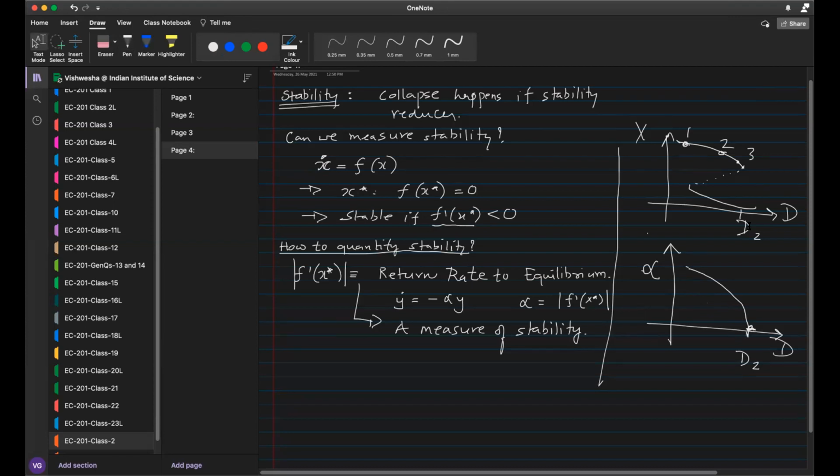The pattern also holds for this model with Holling type 2 or type 3. What you will find is that this measure of alpha, this measure of stability, actually reduces and becomes 0 at this bifurcation point. So if we can somehow measure the return rate to equilibrium, we know how stable the ecosystem is. Do you all agree with that?